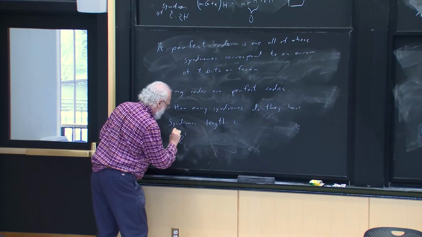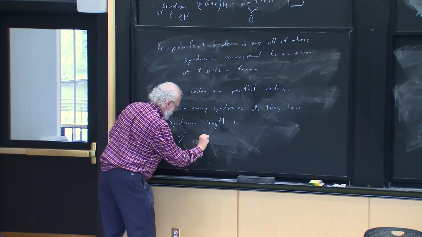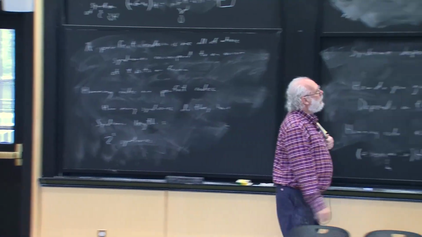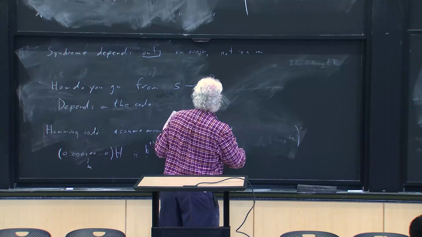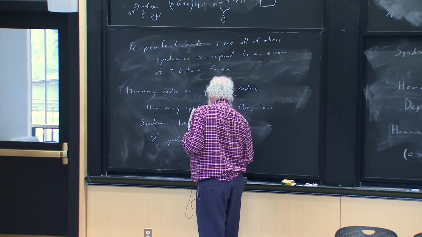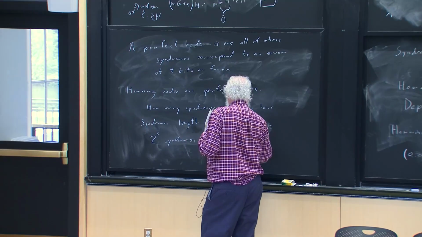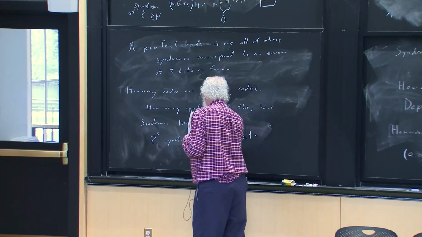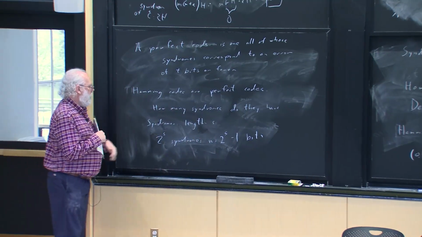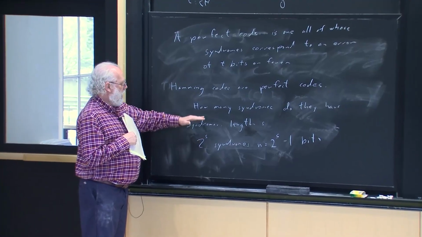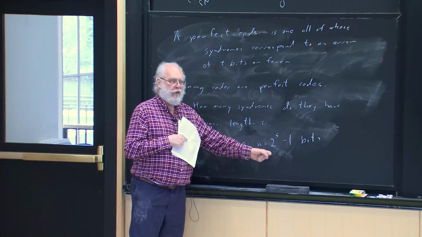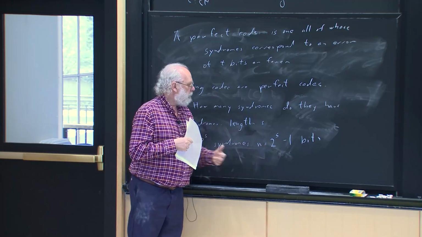So there's 2 to the s syndromes. And the code has 2 to the s minus 1 bits. The 0 syndrome corresponds to no error, and every other syndrome corresponds to exactly 1 bit. So there's exactly as many syndromes as bits.